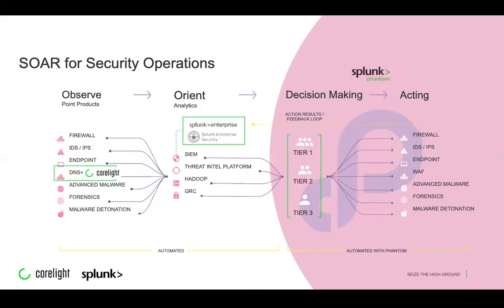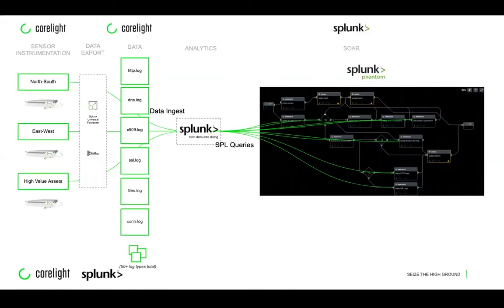So that's basically the flow of how we can go from manual operation to full automation and reduce incident response time with those two technologies, Corelight and Splunk, and the SOAR platform, Splunk Phantom.